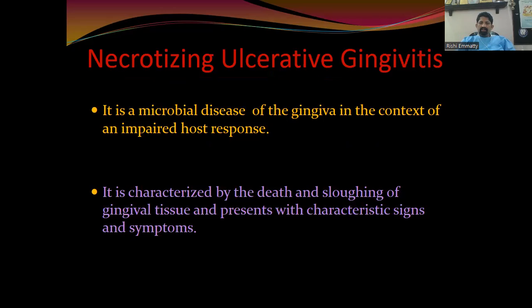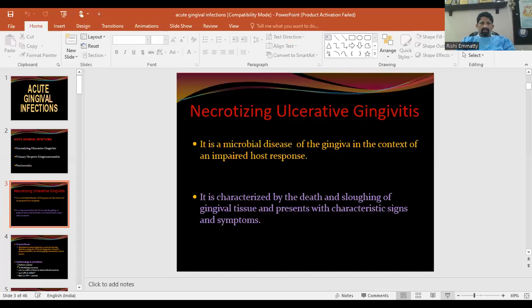So what does necrotizing ulcerative gingivitis mean? It is a microbial disease of the gingiva in the context of an impaired host response. Because the host response is impaired, the chances of necrotizing ulcerative gingivitis are more. It is characterized by the death and sloughing of the gingival tissue, with characteristic signs and symptoms.